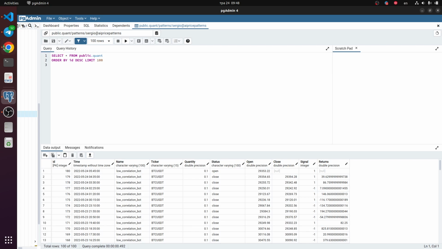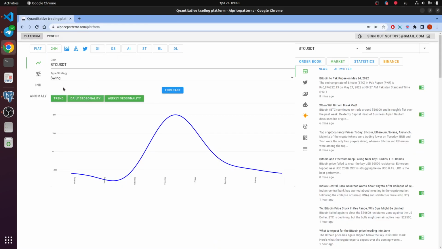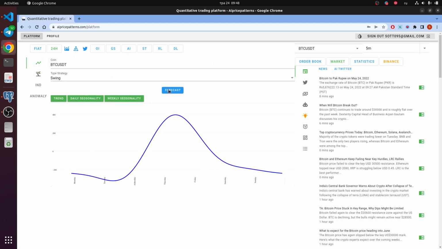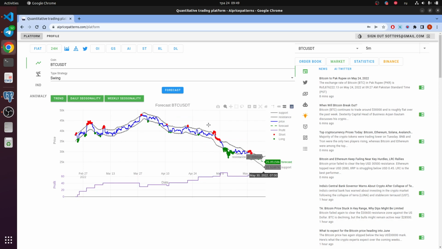If you go here, it means AE. Next we need to click here. Next we need forecast. We do analyzing our Bitcoin, it means our forecast.